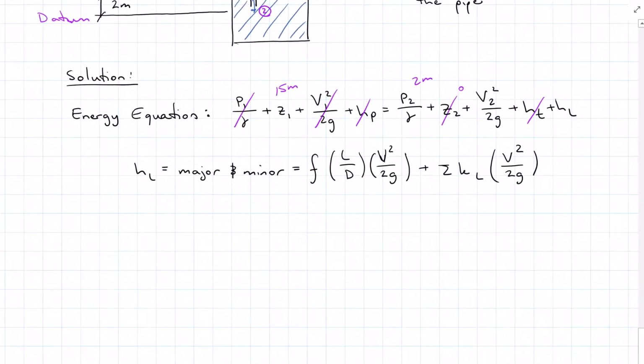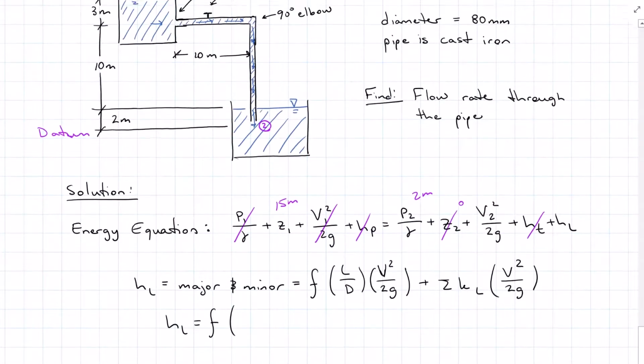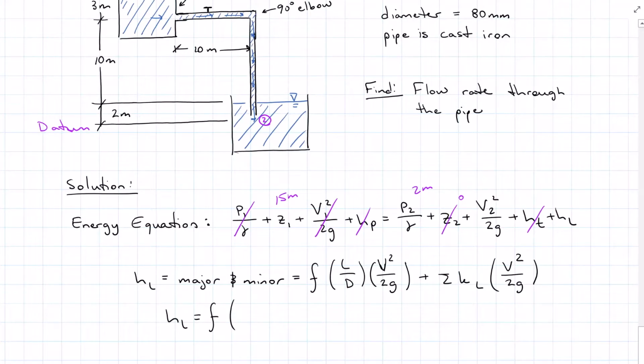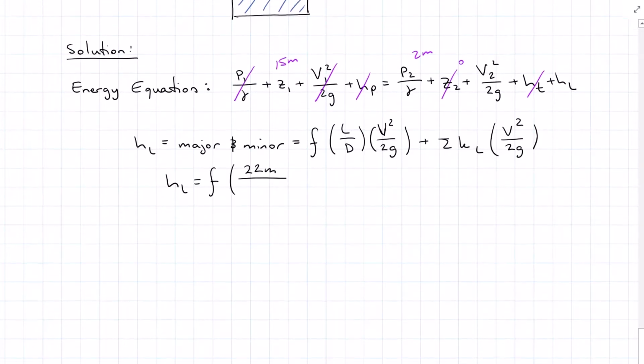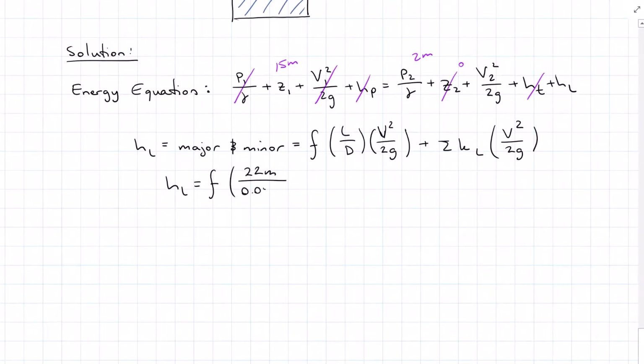Plugging in what I know to my head loss, I do not have a friction factor. My length of the pipe is horizontal 10 meters, vertical 12 meters, so that is 22 meters, all over 80 millimeters, 0.08 meters. I don't have my velocity over 2 times gravity.